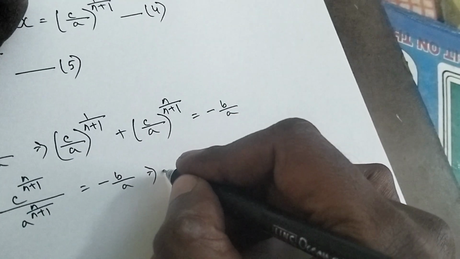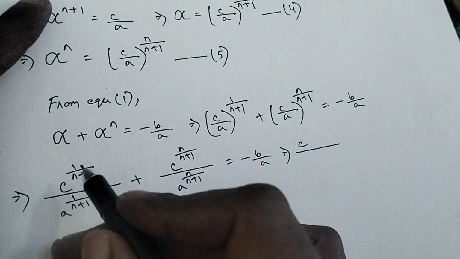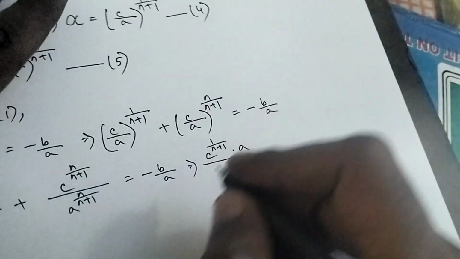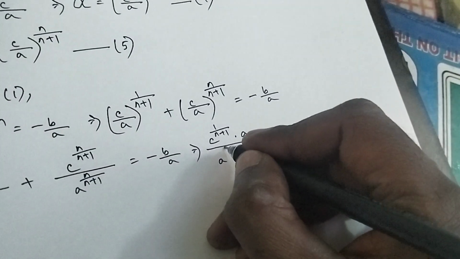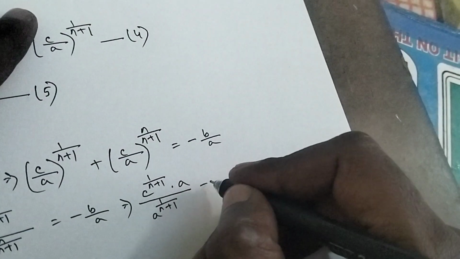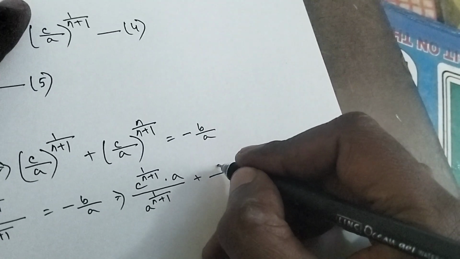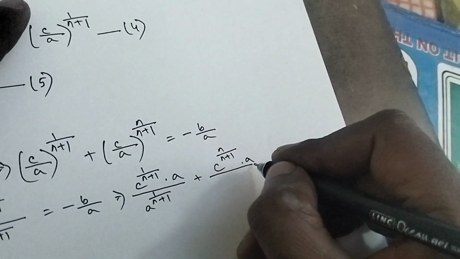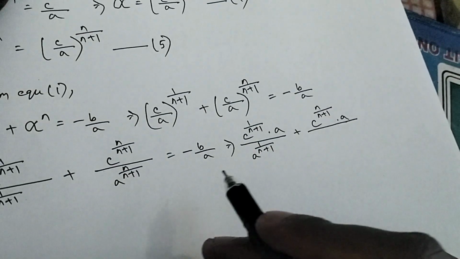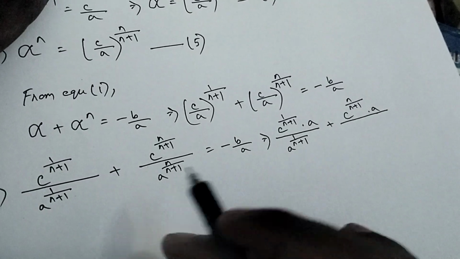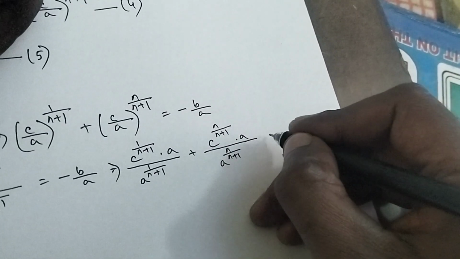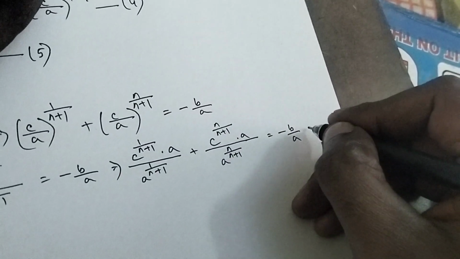So it will be c to the power 1 by n plus 1 into a by a to the power 1 by n plus 1, plus c to the power n by n plus 1 into a by a to the power n by n plus 1 is equal to minus b by a into a.